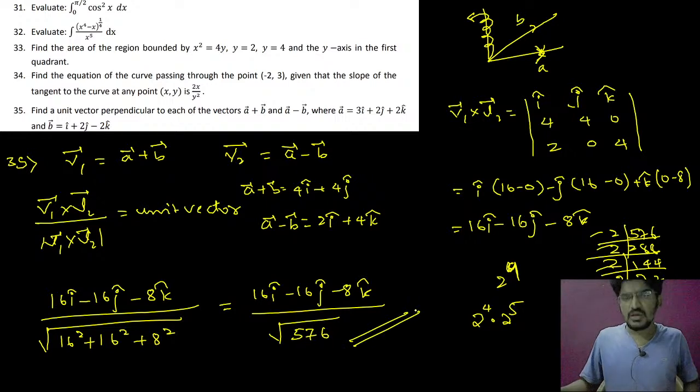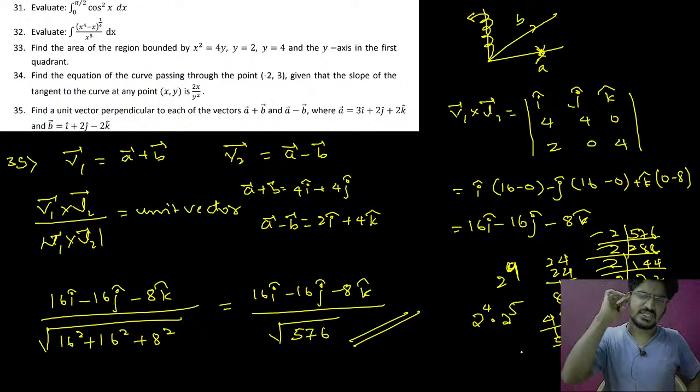Clear? So 24 square, you just check. 24 square, 4 into 4 is 16. Okay, 4 into 2 is 8. 2 into 4 is 8. 2 into 2 is 4. So 6, 7, 5.